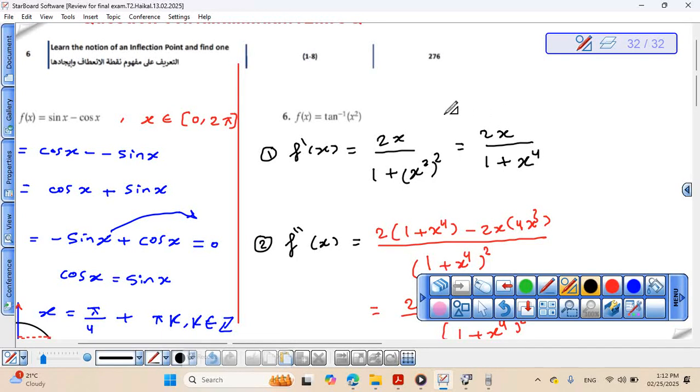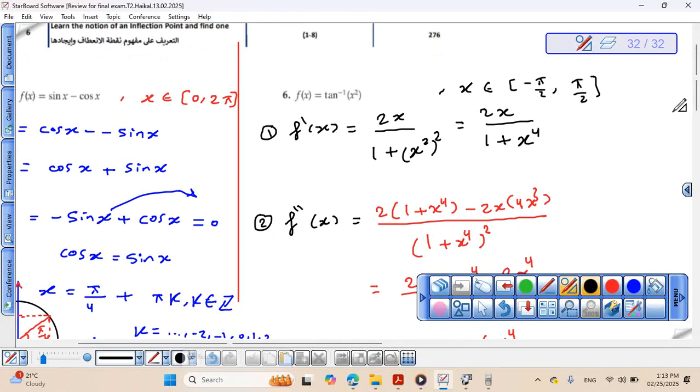This one from negative pi over 2 to pi over 2. Okay. This is the angle. Maybe from negative 1 to 1.